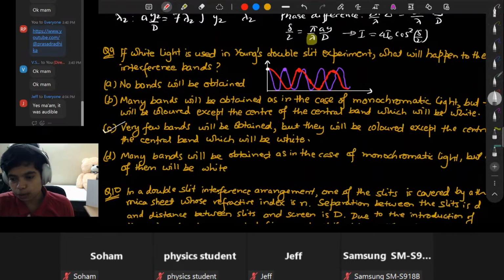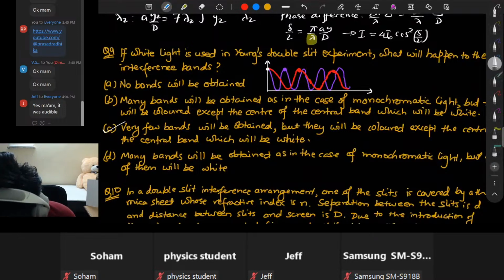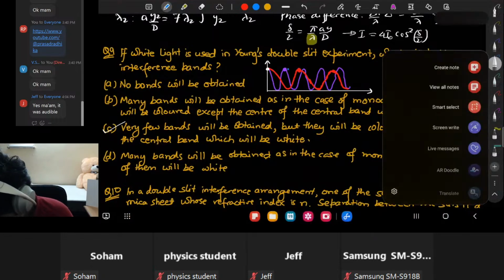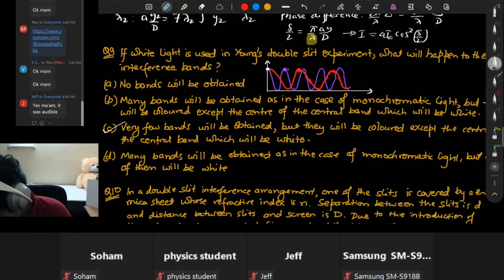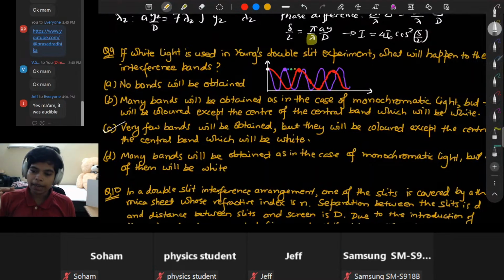Then again you will see white when they start overlapping, and in between you will see maxima for all the colors: blue, then green, then yellow, all these maxima will come in between.